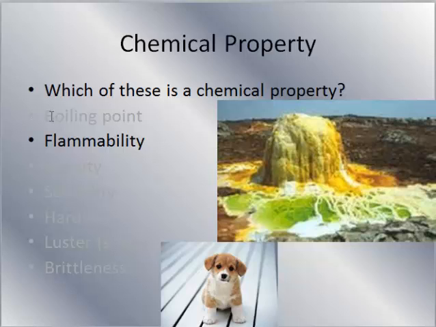Because boiling point, you can let it boil and then you can condense it, so that doesn't change anything, so that's a physical property. Density, solubility, hardness, all, once again, physical. How it reflects, you can physically see that without changing the substance, so that's a physical, and same thing for brittleness. So the only one on this list that is a chemical property is the flammability.